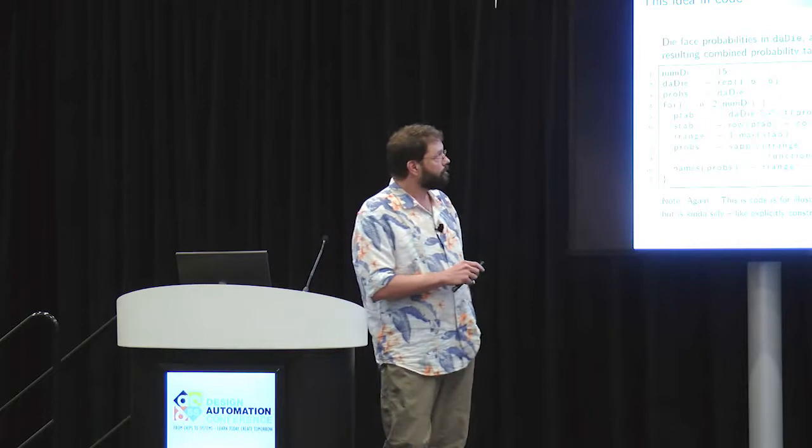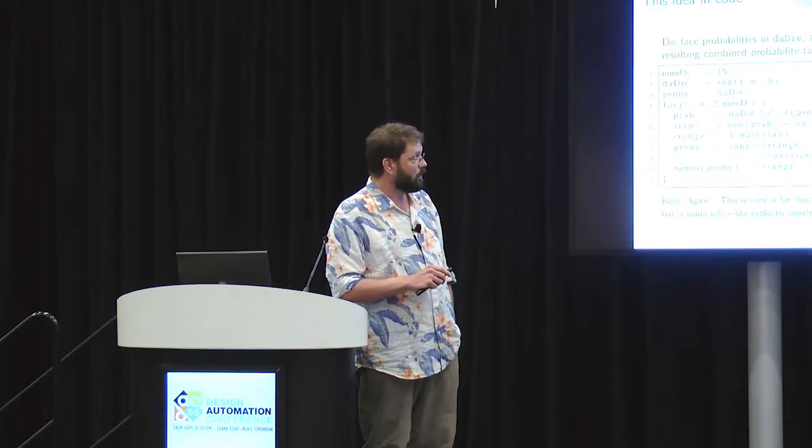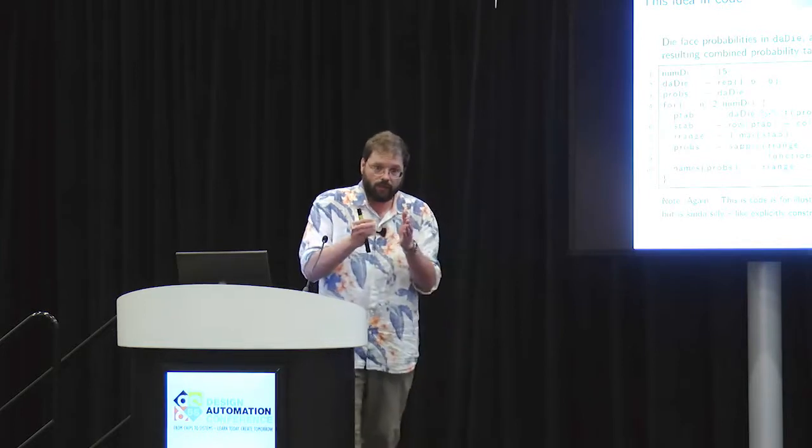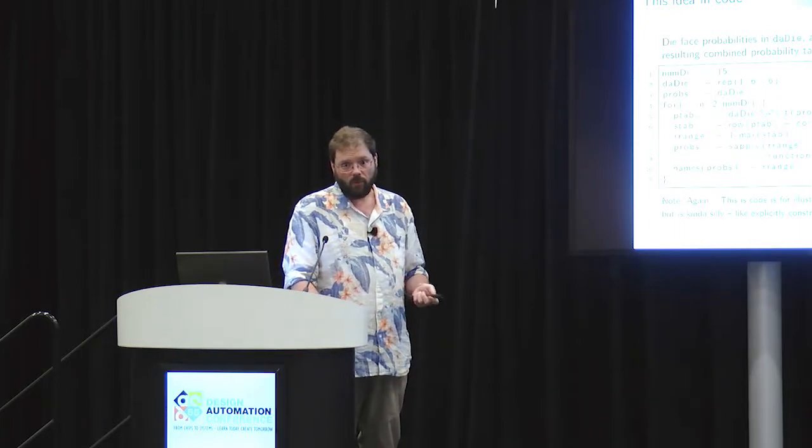In other words, if I wanted to roll 15 dice that were all the same, I would compute the probability distribution of throwing 2 of them. Then I would take that result and throw it with another fair die. I would take that result, and throw another fair die. I would do it 15 times. This is of order O(log n). We can deal with that kind of computational complexity.